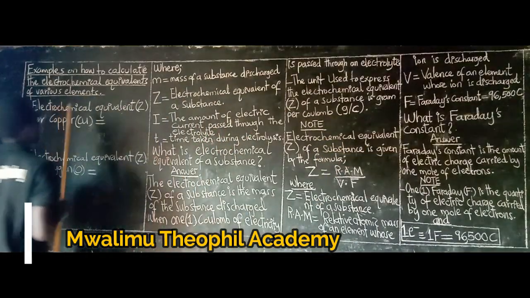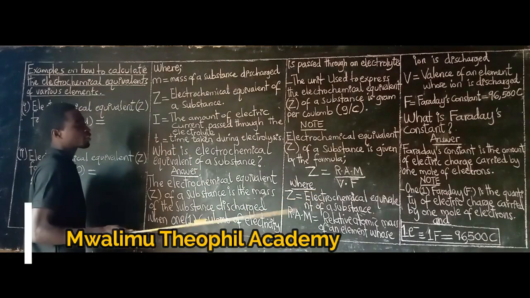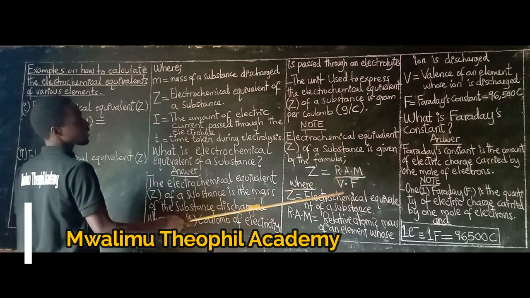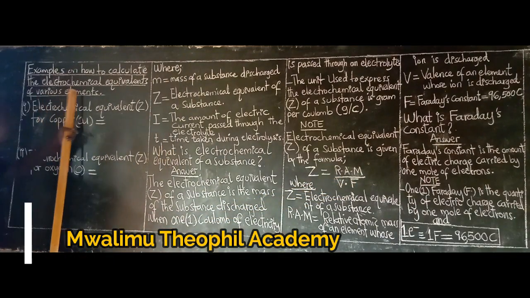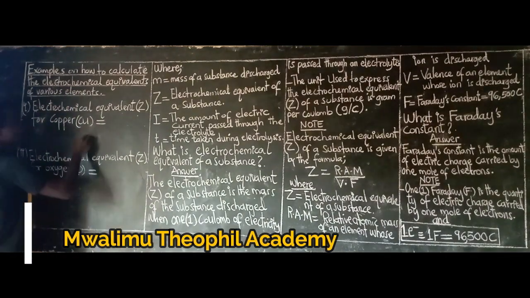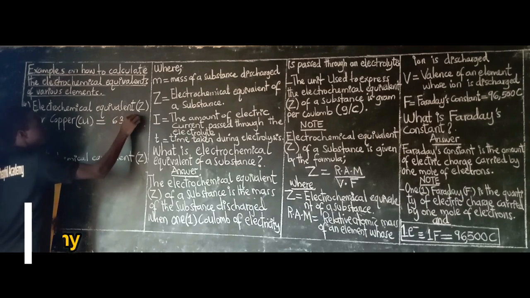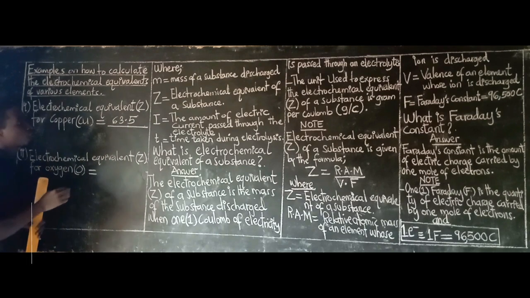Here we are required to calculate the electrochemical equivalent of copper. As we have said, the electrochemical equivalent is equal to the relative atomic mass of the element over the product of valence and Faraday's constant. For copper, the relative atomic mass of 1 mole of copper is 63.5 gram. This is divided by the product of its valence and Faraday's constant.